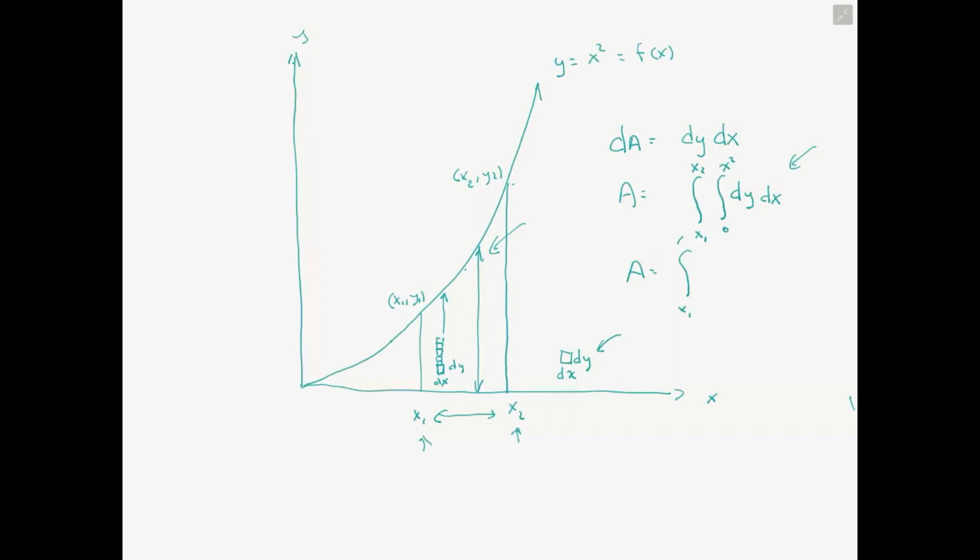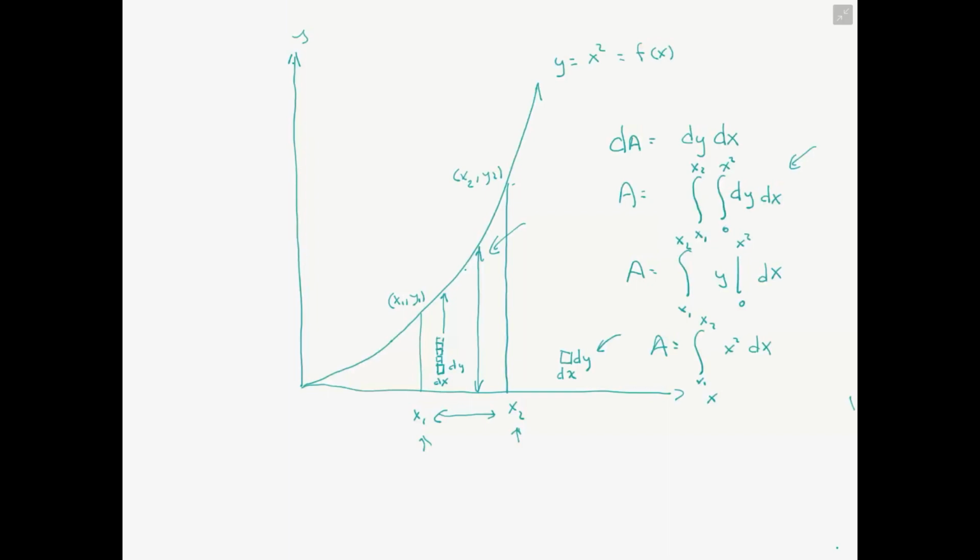We just carry out the integration, and area equals, and we go x1 to x2, and we've got dy, which is y, x squared to 0, dx, and then we have x equals x1 to x2, x squared minus 0 dx.